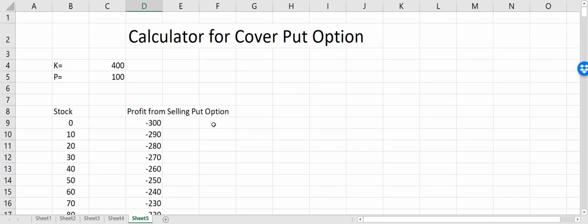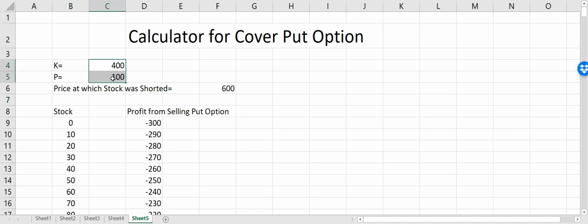Now again, suppose, because this is a covered option, we also need to have a stock. So the price at which the stock was shorted could be, let's say, equal to 600.